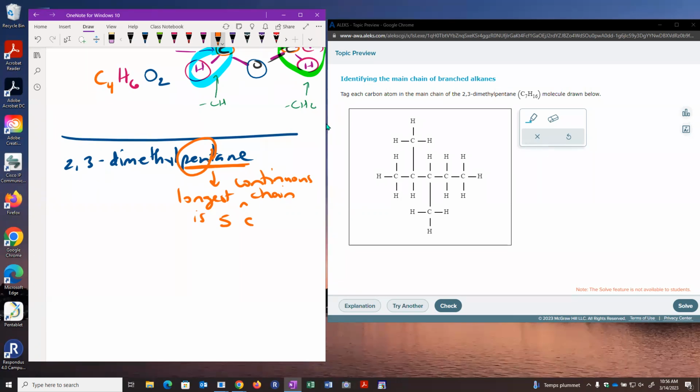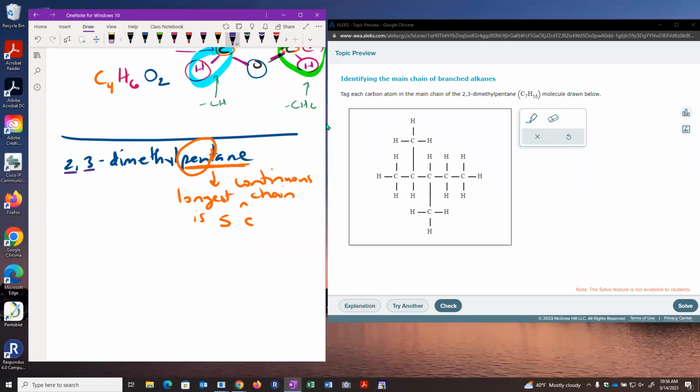All right, so if I look at my structure, if I start on the left, that's normally where we gravitate. We have 1, 2, 3, 4, 5. Okay, so that makes sense. If I start at the top, I go 1, 2, 3, 4, 5. So that makes sense. If I start on the right, I go 1, 2, 3, 4, 5. So which way is the correct way? Because I can get it from different directions. Well, the first part of the name also tells you something important.